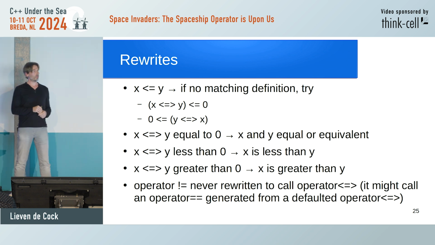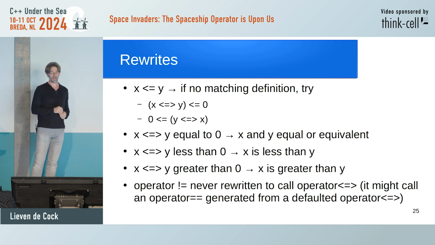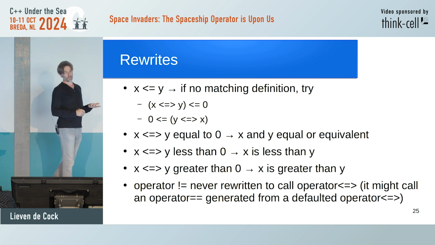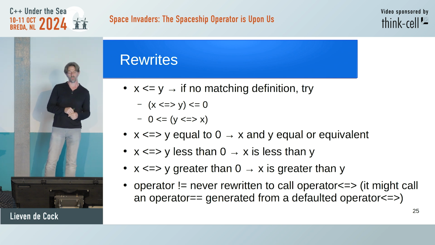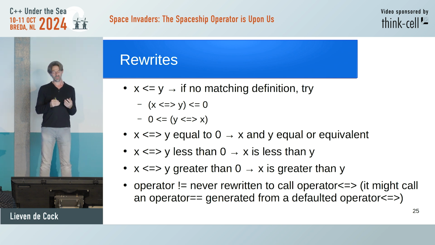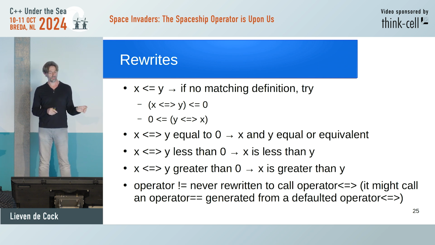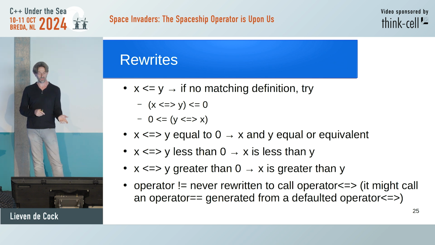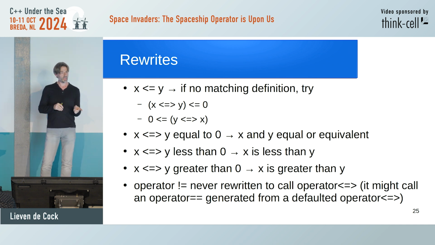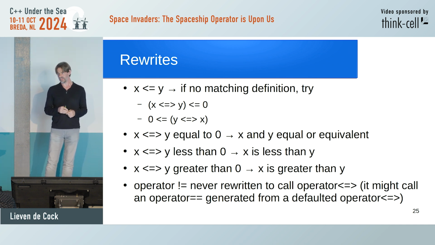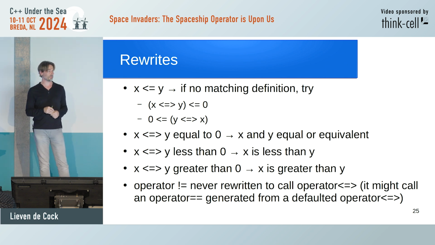The rewrites are also still in play. So if you write in your code x is less than or equal to y, and the compiler cannot find this operator, it's going to try the spaceship operator and see if the outcome of that is less than or equal to 0. If it can't find that, it's going to swap the operands and say y spaceship operator x, is this bigger than or equal to 0.